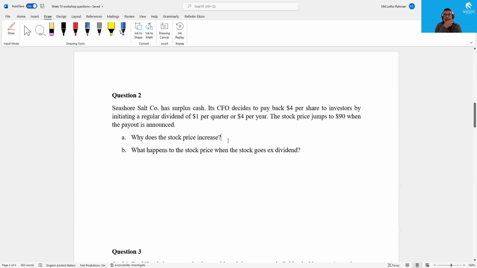Well, this is a theoretical answer. The stock price increases due to the information content of dividends. In the lecture video, I have explained this concept that when a company provides a dividend announcement, it has an information content. That means investors derive a signal from this decision.